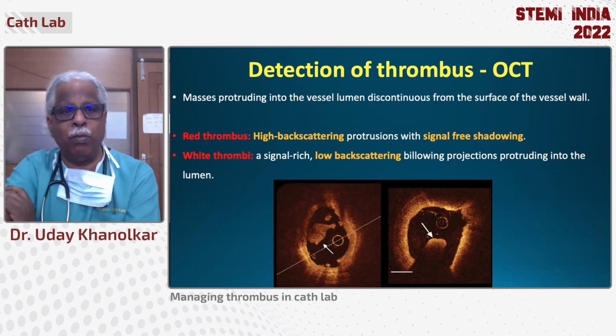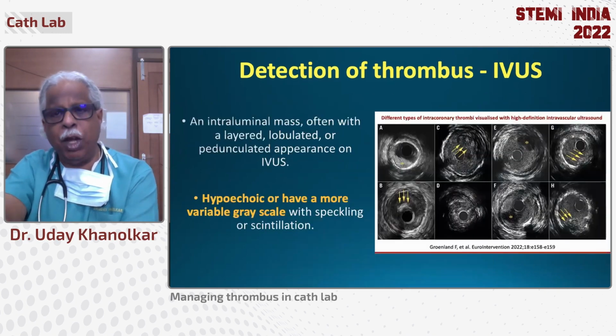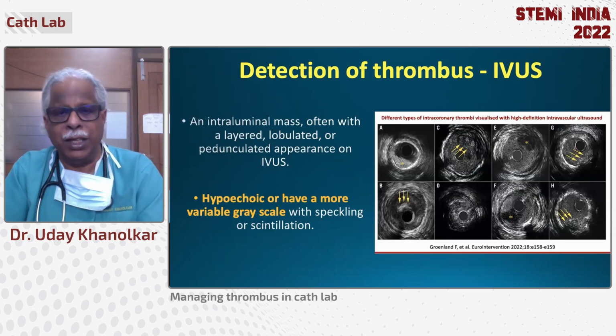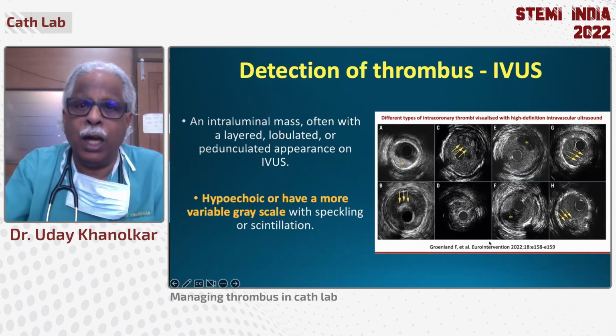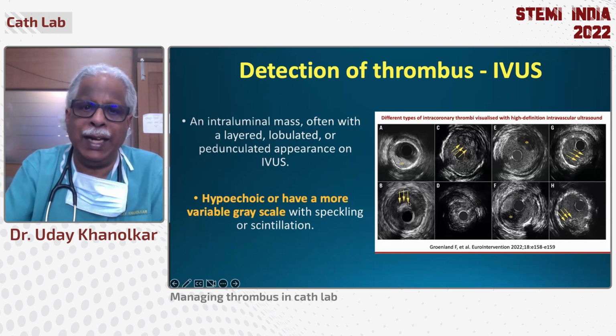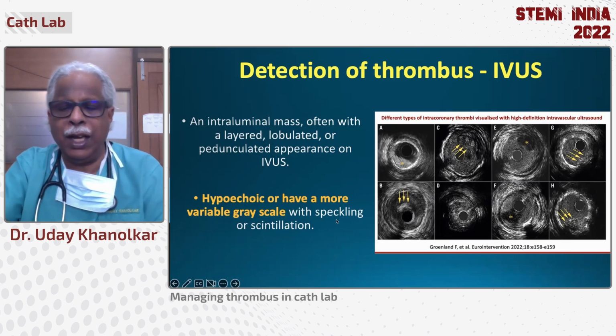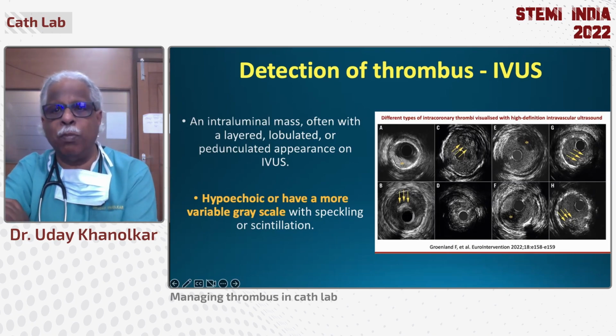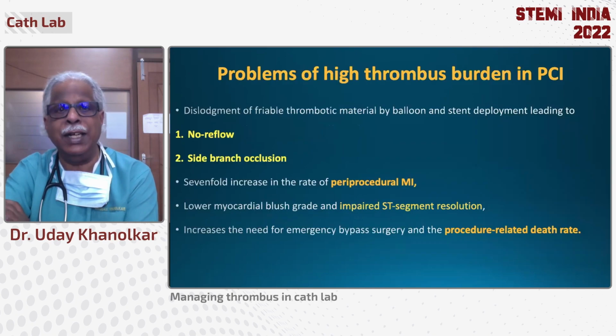In case of white thrombus, which is rich in platelets, there will be low backscattering behind the thrombus. It can be also detected on the IVUS as a filling defect, or there could be a variegated appearance in the grayscale or a very hypoechoic area within the coronary artery lumen at the site of the lesion, giving a suggestion that there is a thrombus in the coronary artery.